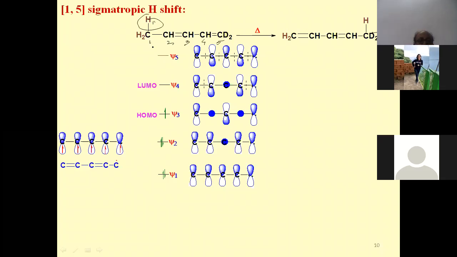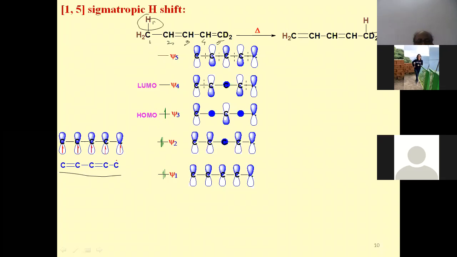Now, if we just go to the theory, this is the free radical that is going to have 5 free radicals. So there will be psi 1, psi 2, psi 3, psi 4, psi 5. The first one, the lowest energy, will not have any node.